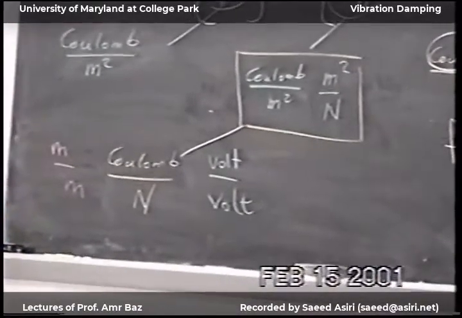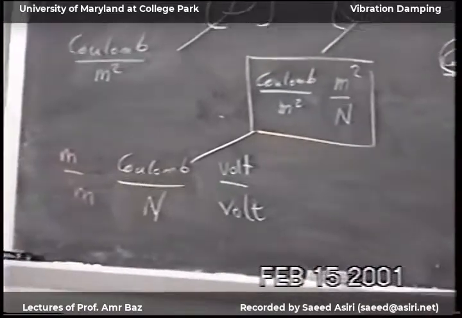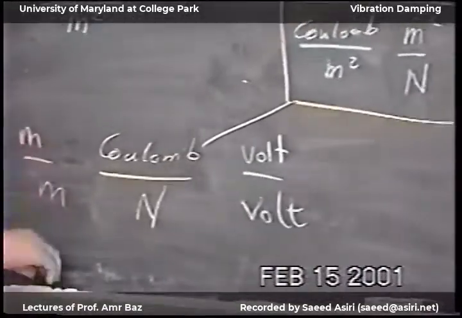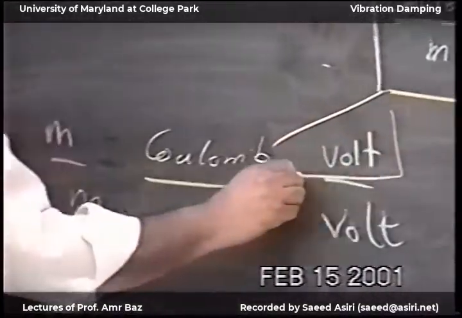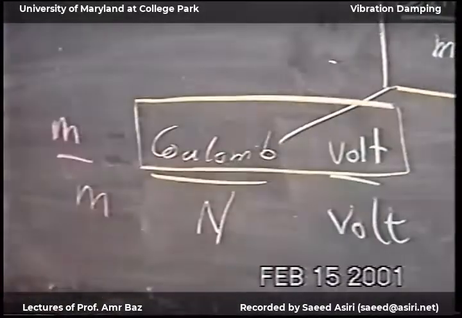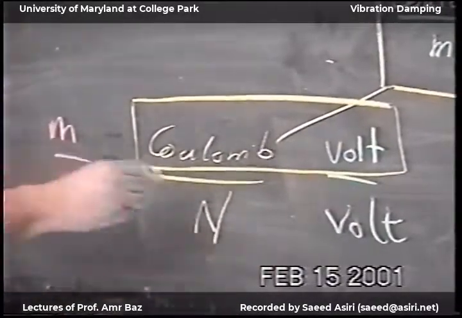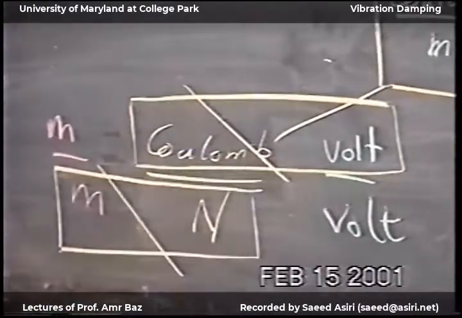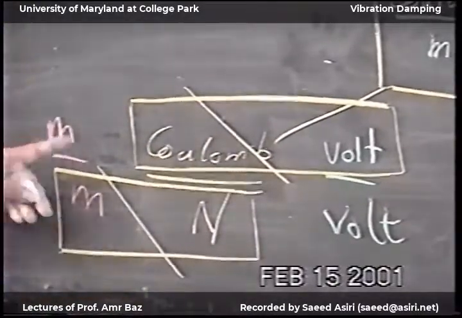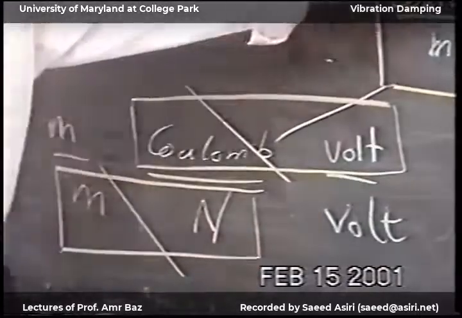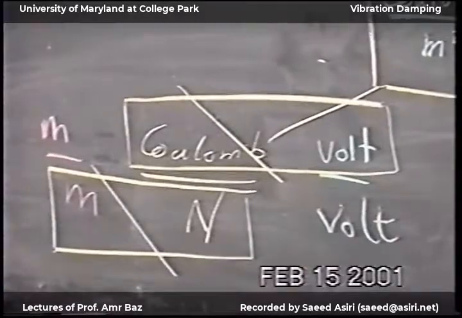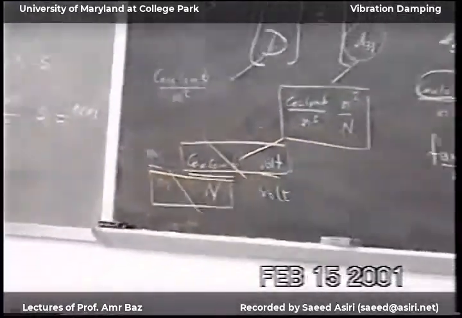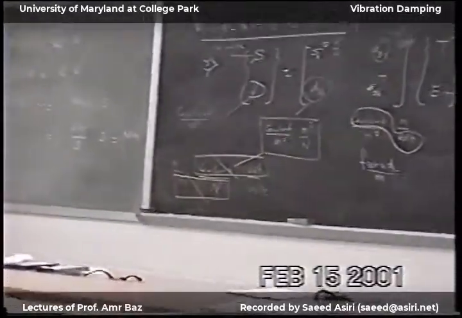Voltage times charge has units of energy, Newton meter. And these will cancel out, and what is left is meter per volt, which is same as this. We're spending time on this because this is very important.